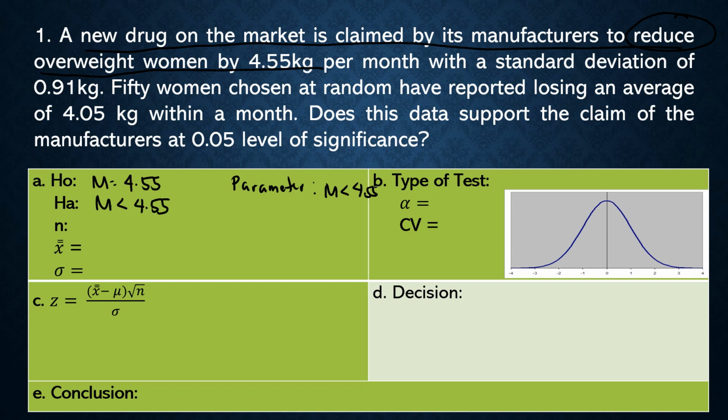For the sample size, it is written that 50 women are chosen at random, so our n is equal to 50. For x bar, that is our sample mean.